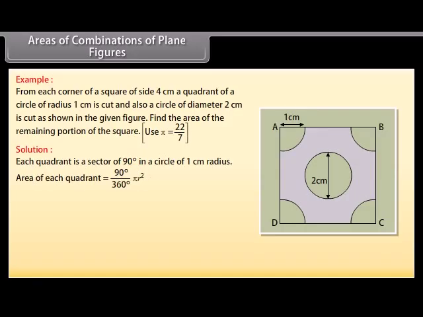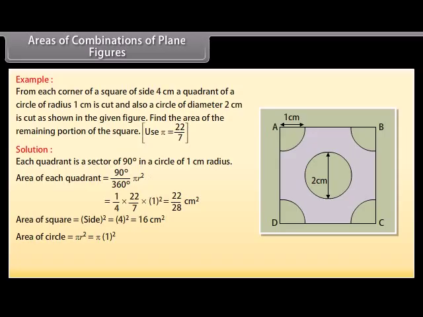Area of each quadrant is 90 degrees upon 360 degrees into pi r square, which becomes 22/28 centimeters square. Now, area of the square is equal to side square, which equals 4 square, which is 16 centimeters square.